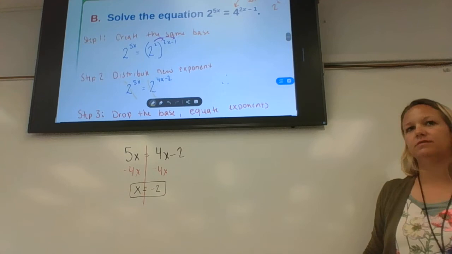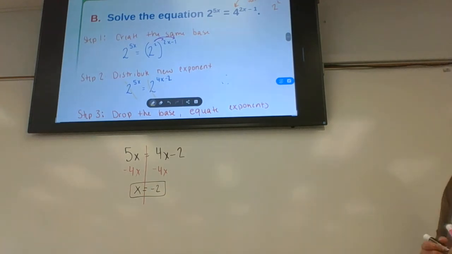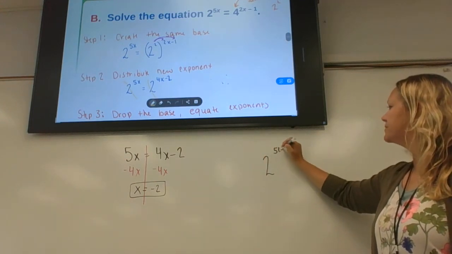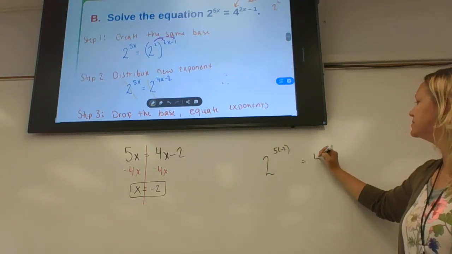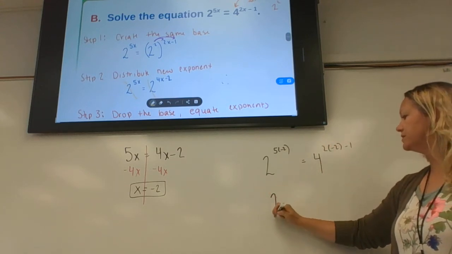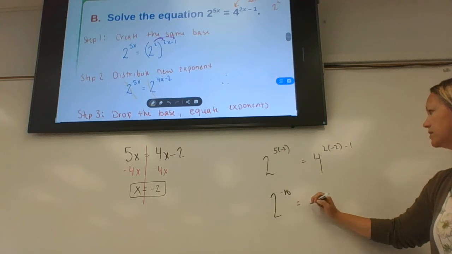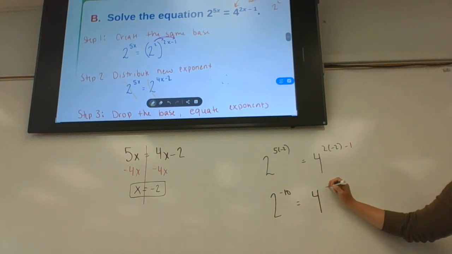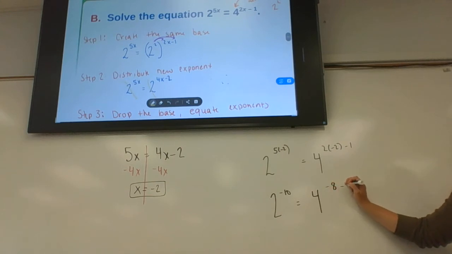Let me just check this. Is 2 to the negative 10th equal to 4 to the negative 8 minus 1?